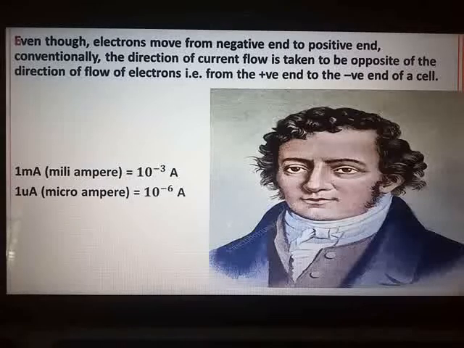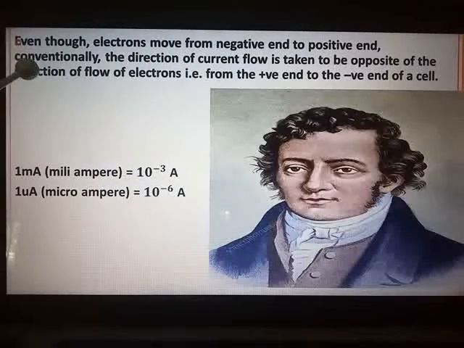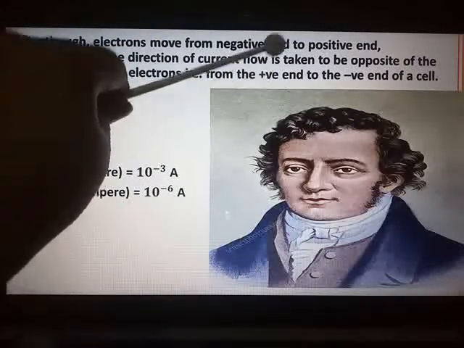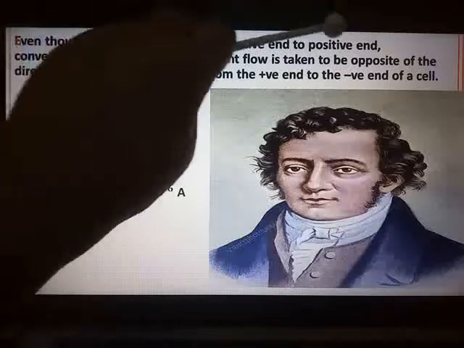One small thing here you have to remember is, even though electrons move from negative to the positive end, conventionally the direction of current flow is taken to be opposite of the direction of electrons, that is from the positive to the negative terminal of a cell. This is a very important line. We have seen that electrons are negatively charged in our previous slide, and I have told you that electrons being negatively charged, they will move from negative to positive end.